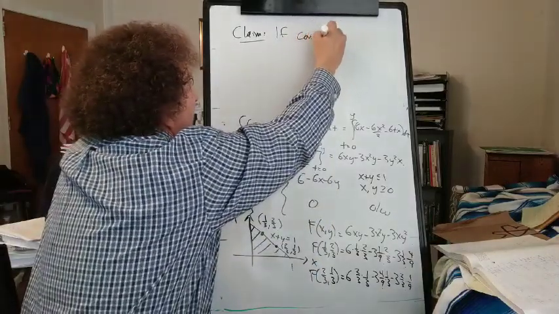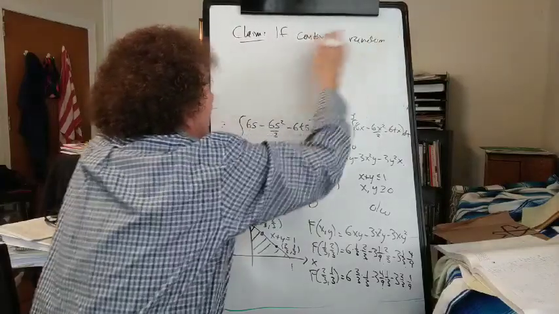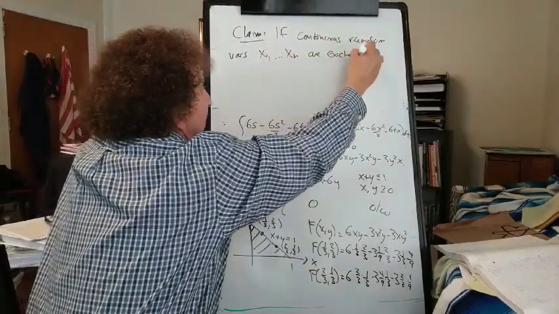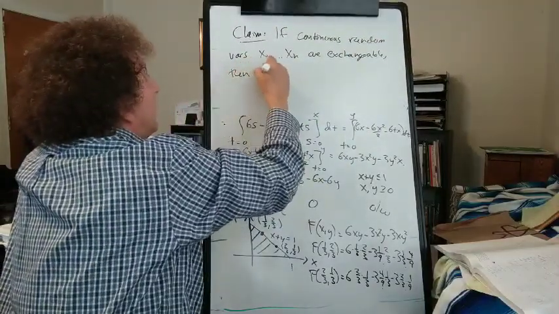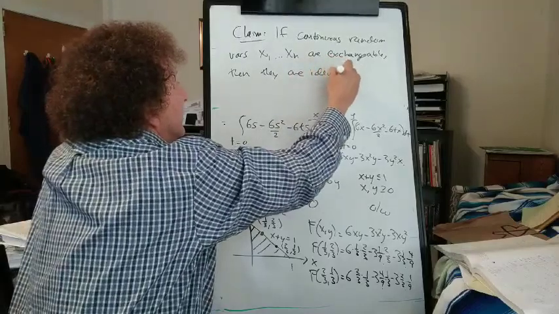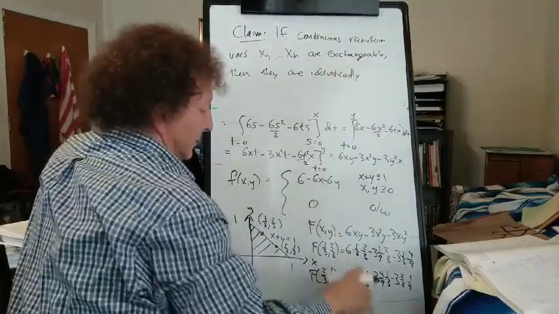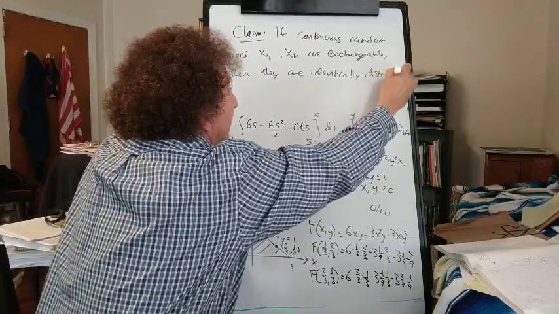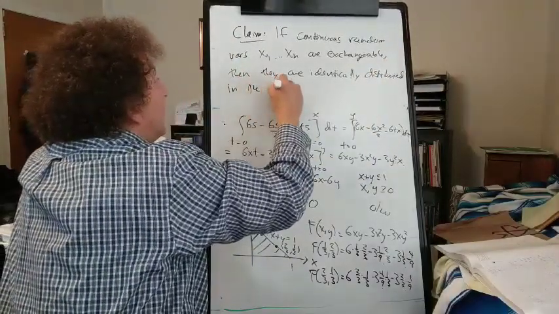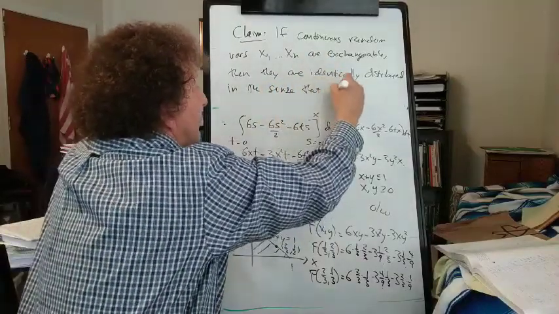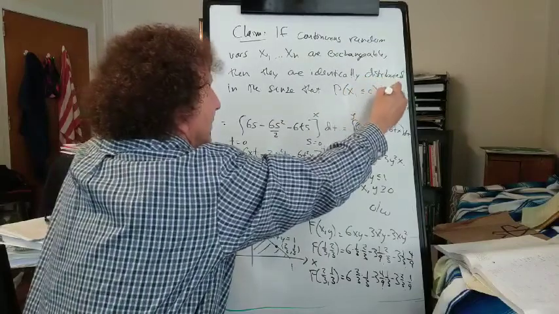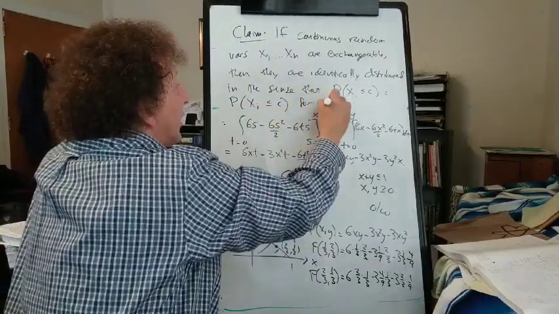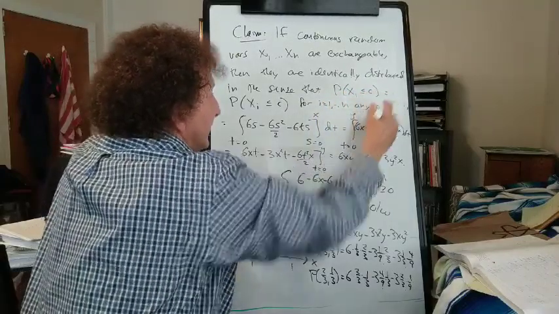So if continuous random variables X1 through Xn are exchangeable, then they are identically distributed in the sense that the probability that X1 is less than or equal to some value c equals the probability that Xi is less than or equal to that same value c for i equals 1 to n and any c.